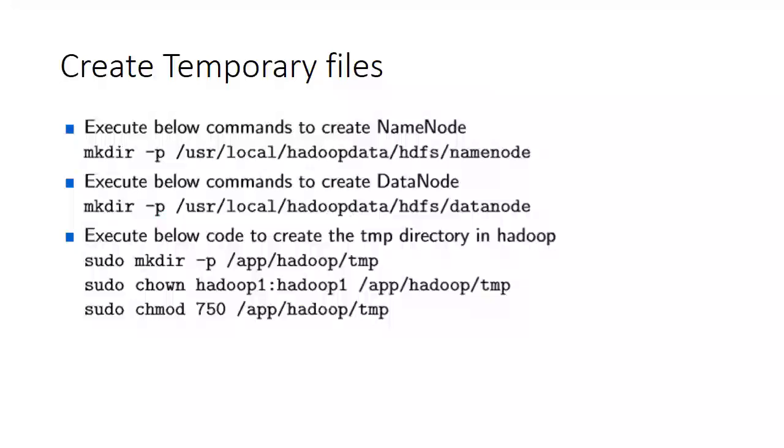The next one, we should create temporary files. Hadoop has a combination of different processes: name node, data node, and secondary name node. So for this purpose, we should create the name node, the data node, and temporary files by using the mkdir command.